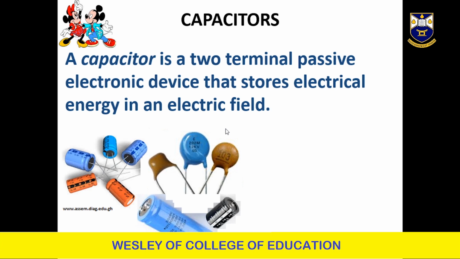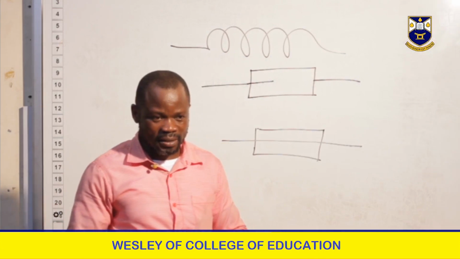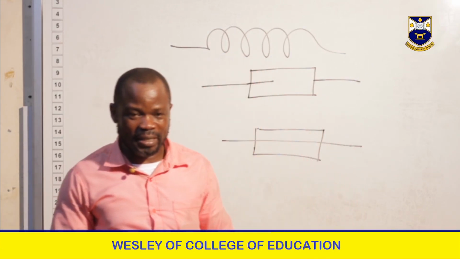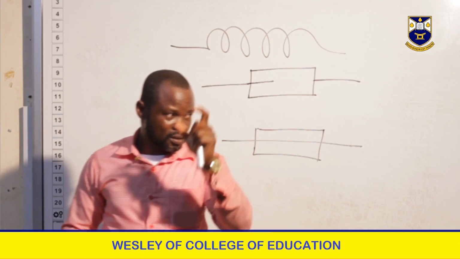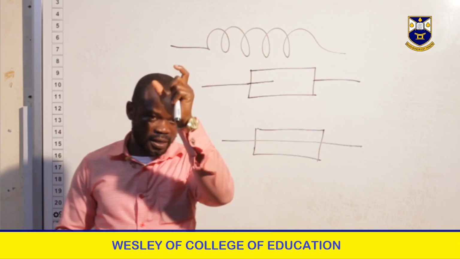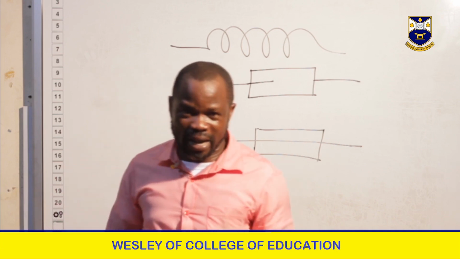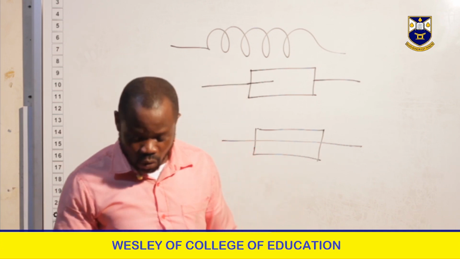Capacitors are very common. If you open a UPS of a computer, you find a number of capacitors inside. Similarly, in traffic light arrangements you see capacitors. Even some phone batteries may contain capacitors, which help to store charges.